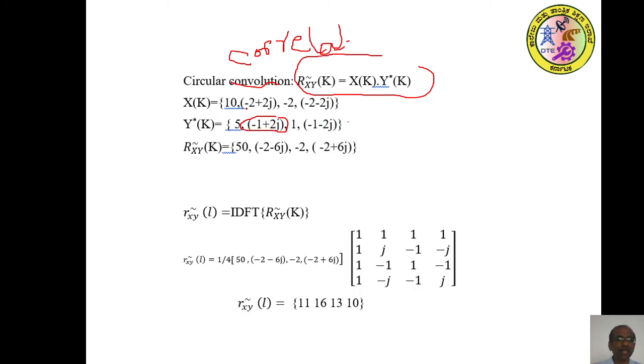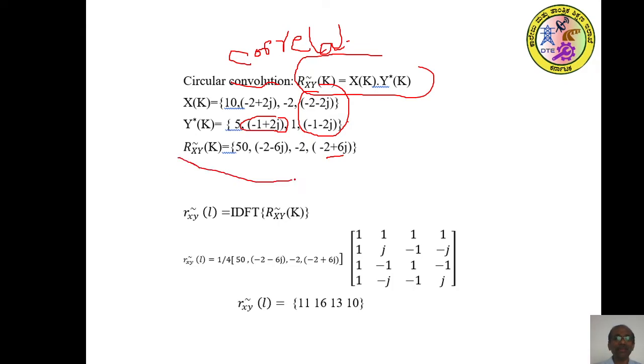Once that is completed, multiply element by element. 10 into 5, 50. Minus 2 plus 2j multiplied with minus 1 plus 2j becomes minus 2 minus 6j. Minus 2 into 1, minus 2. And these two multiplied, minus 2 minus 2j multiplied with minus 1 minus 2j will be equal to minus 2 plus 2j.